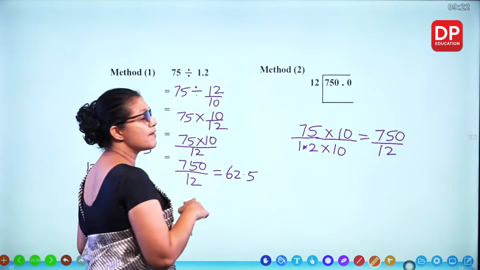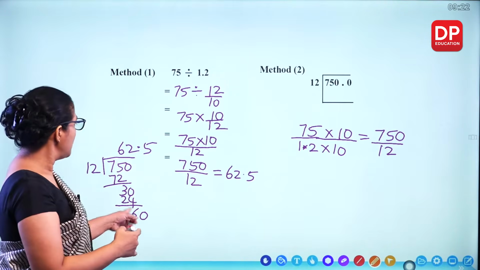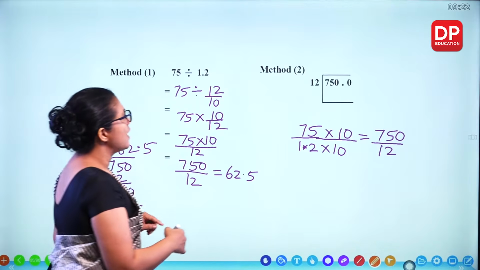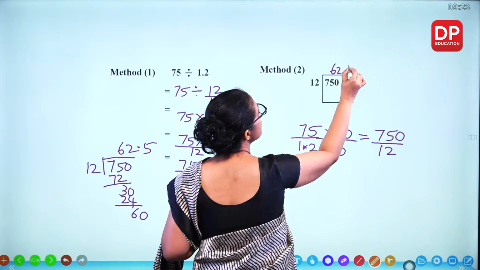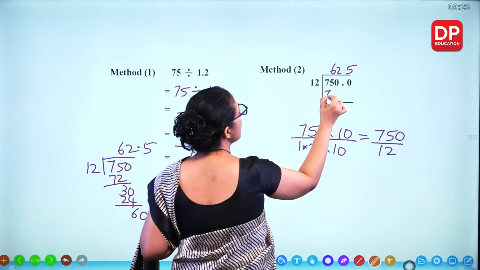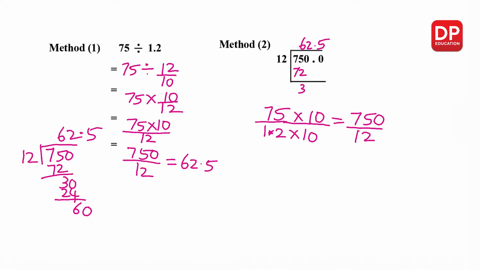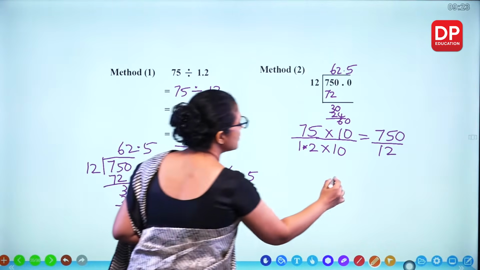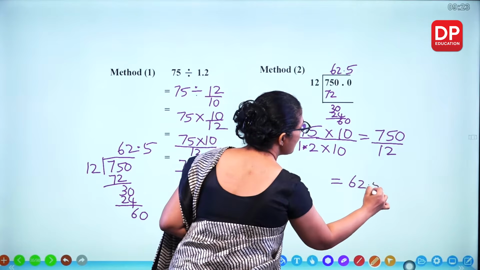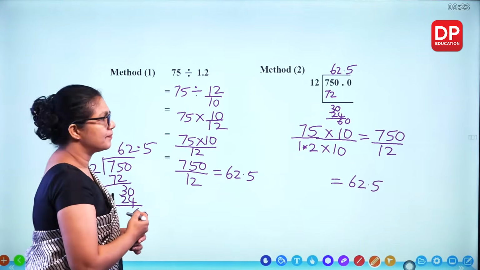We did that. So that's 62.5. So you can just write down 62.5 is the answer.